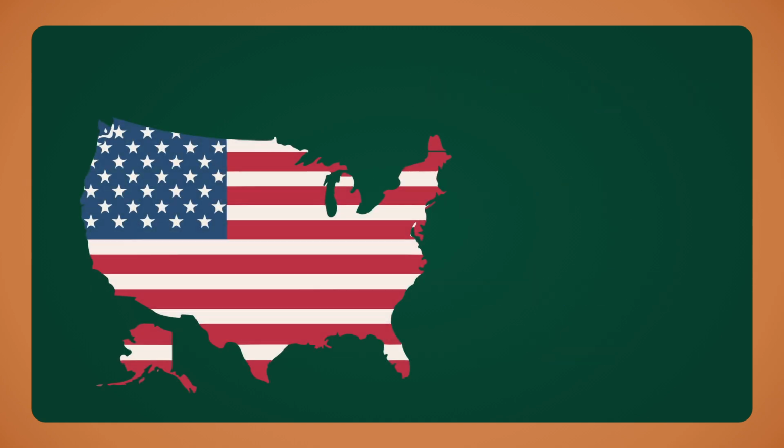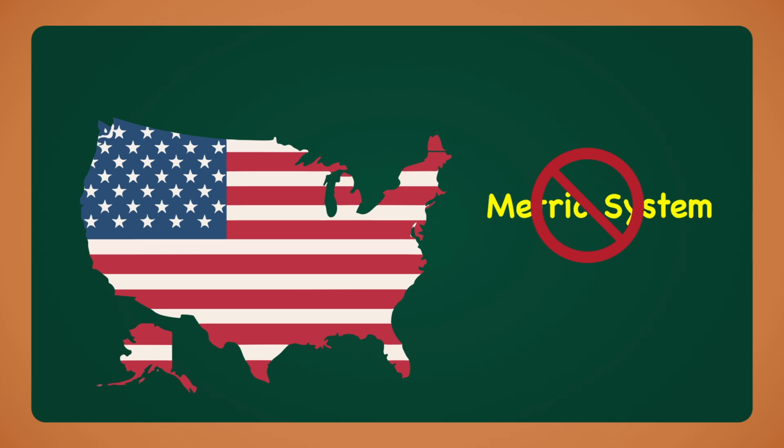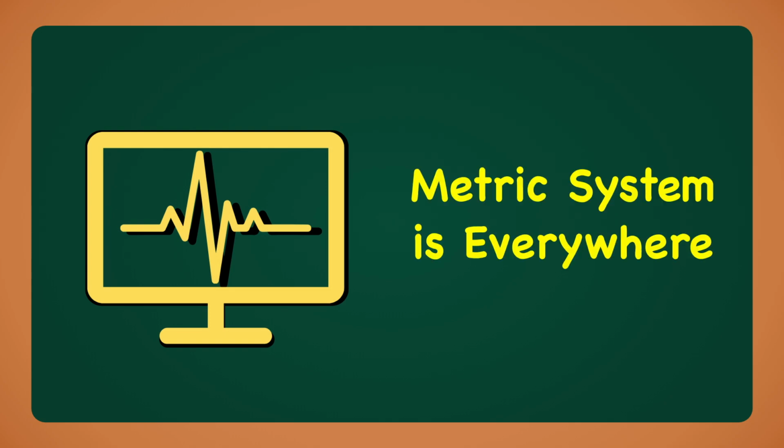For those of us in the United States, this can feel unfamiliar because we don't use the metric system extensively in our everyday lives. We think in miles rather than kilometers, pounds rather than kilograms, and inches rather than centimeters. However, in healthcare, and especially in neurodiagnostics, the metric system is everywhere.